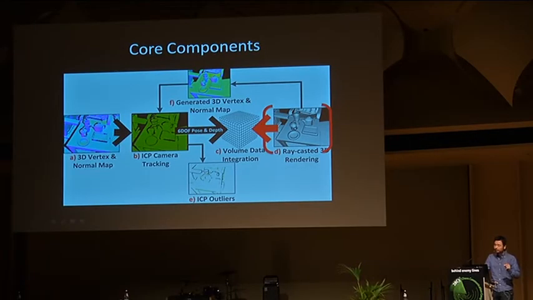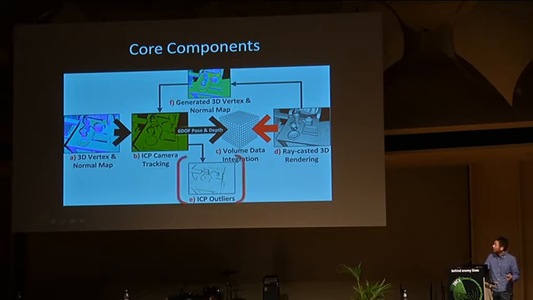And then when we want to render the model, which is stored in the volumetric data grid, we raycast through the volume and create a rendering. We also create a synthetic depth map, which is used to stabilize the tracking.